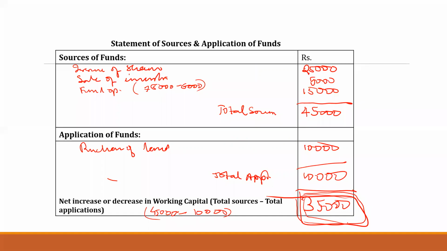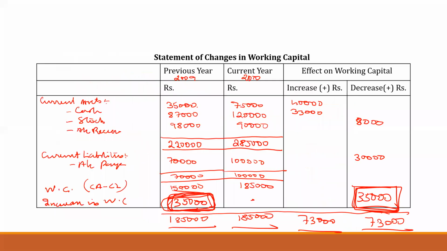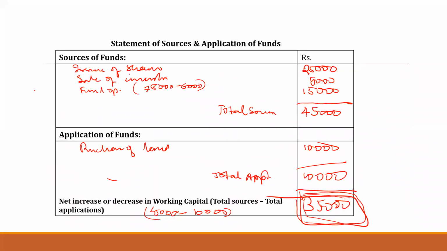So the fund flow statement will always be equal to the statement of changes in working capital. This is a small problem, and from tomorrow onwards we'll be doing problems very slowly, and at that time you will understand. The basic thing to remember is that the statement of changes in working capital talks about current assets and current liabilities, while the fund flow statement talks about non-current assets and non-current liabilities.